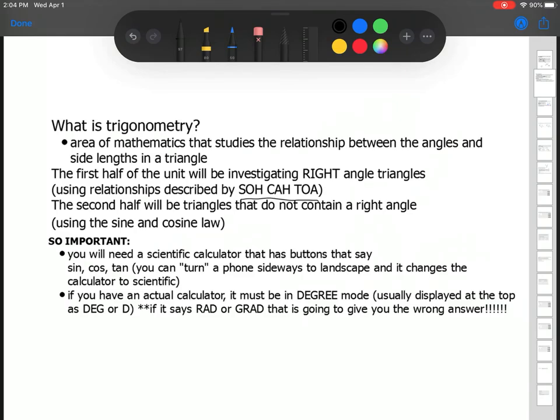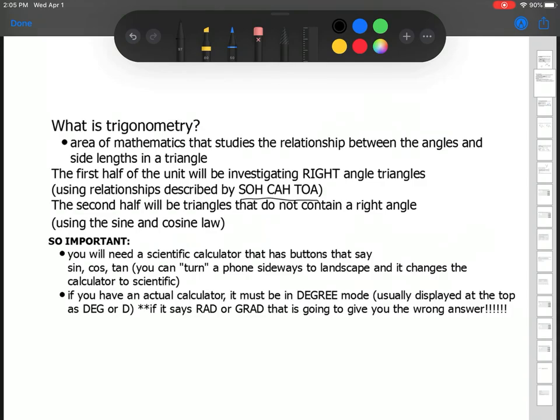It's also not super user friendly to turn the phone sideways, and the notation on there is a little bit funky. So if you have a calculator, I recommend that you get the calculator and you get to know how to use it. So one of the examples we're going to do today as we work through these new primary trigonometric ratios is practicing with the calculator and using those buttons.